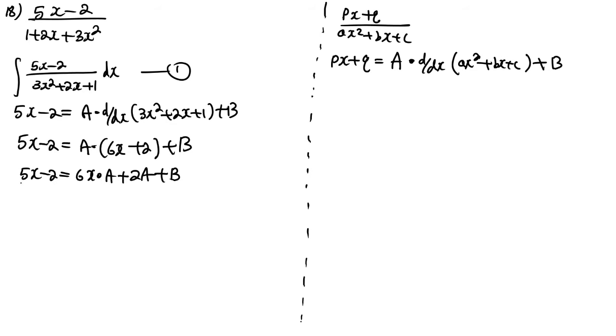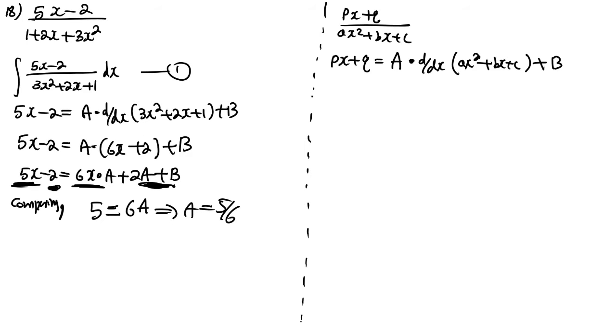First compare coefficients of x, that means term with x, then compare the constant terms. So comparing coefficient of x first, 5 is equal to 6a. This implies a value is equal to 5 by 6.